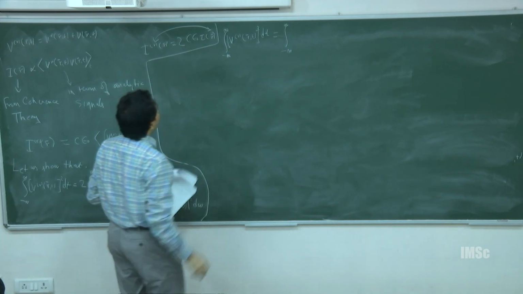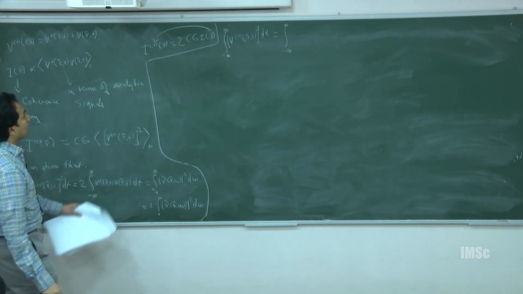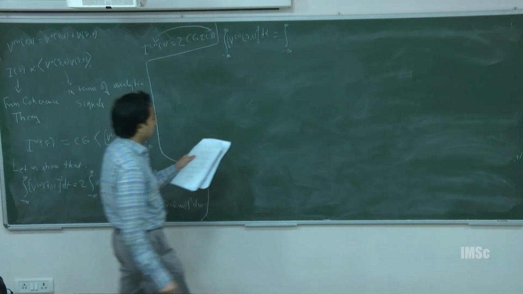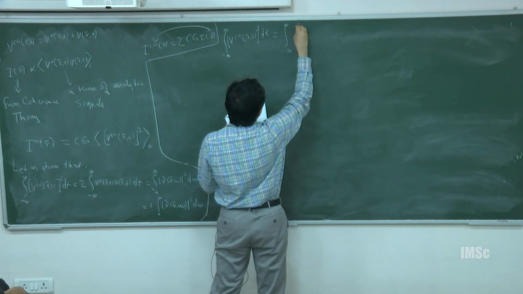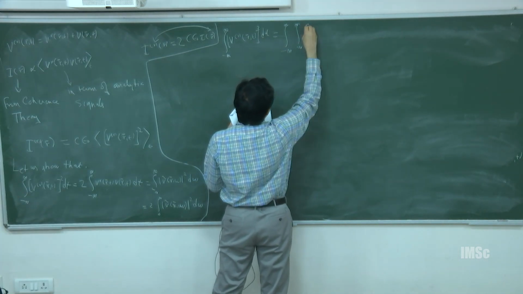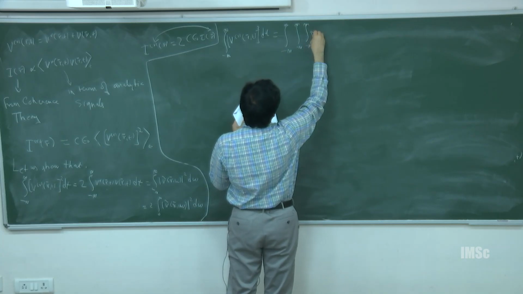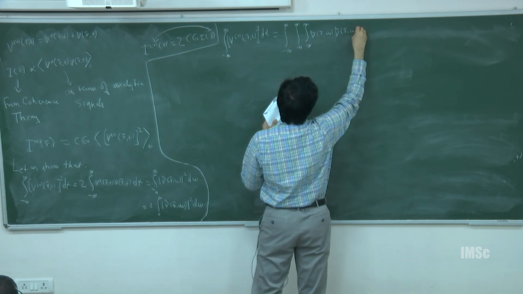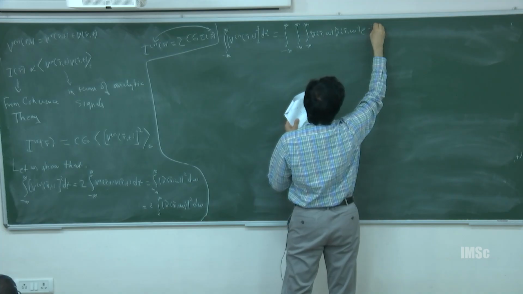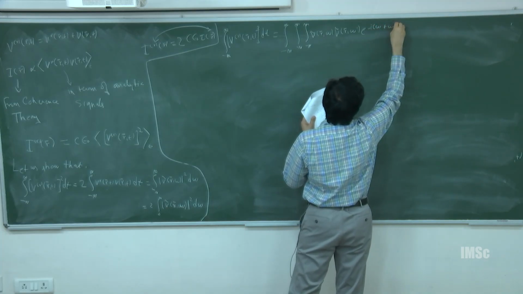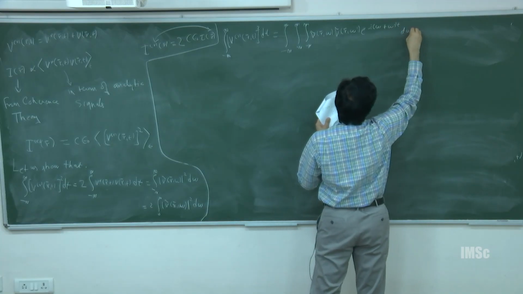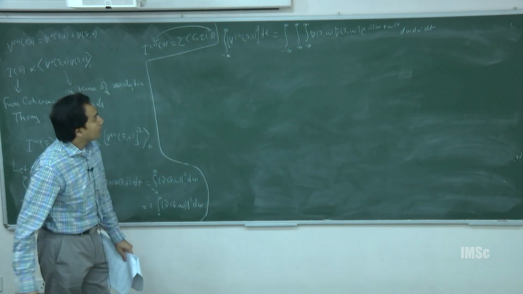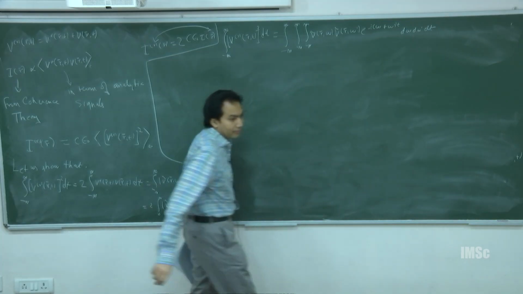Now we are going to write V superscript R of R, T in terms of complex analytic signals. So we know what to do. We are just going to integrate out over T. That will introduce a delta function.